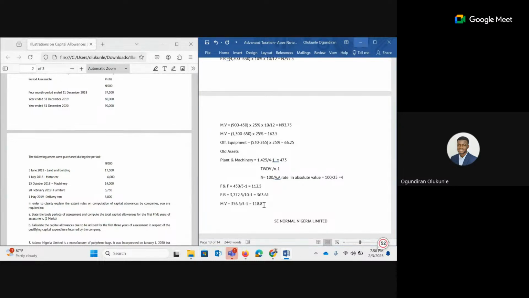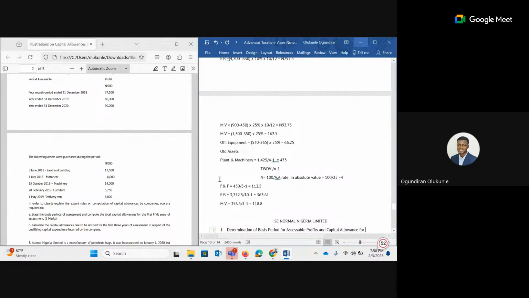So the first thing the examiner has us to do is to determine the basis period, the assessable profit, and the capital allowance.